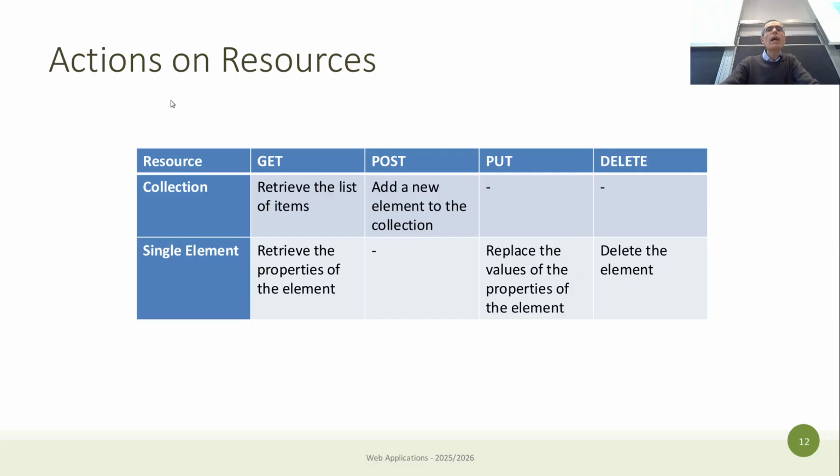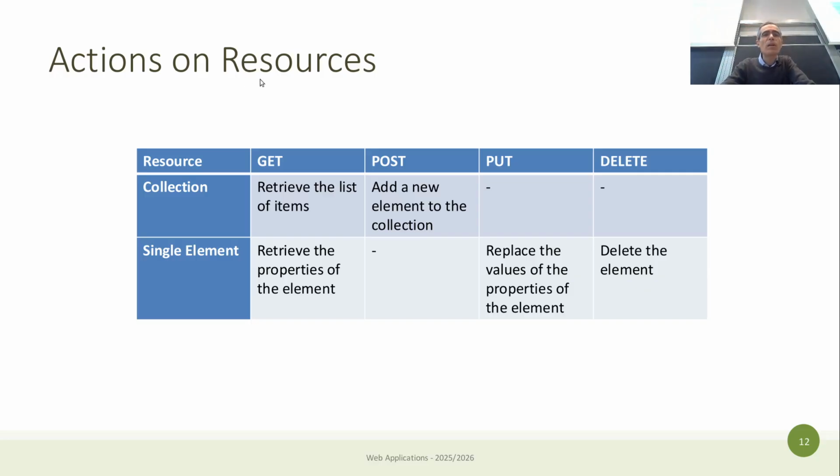Okay? So actions in HTTP are represented by the name of the method. Okay? Get, we already saw get, retrieve information. Post, send information. Put is updating information. Delete is deleting information. Okay? And the rest, we can implement with some variants on these methods.